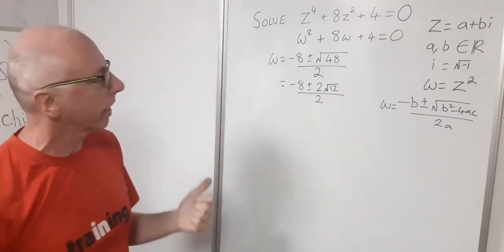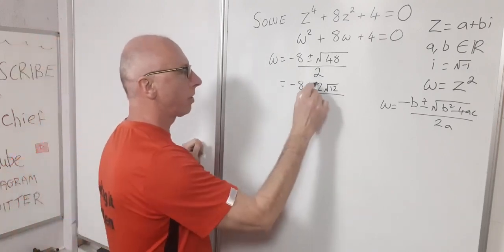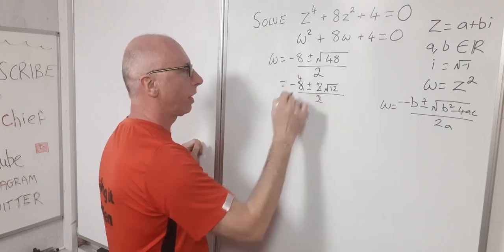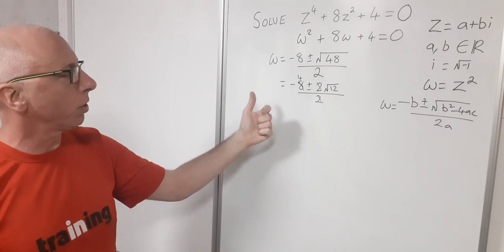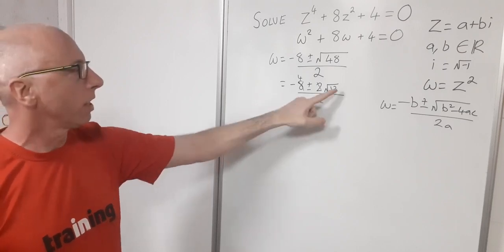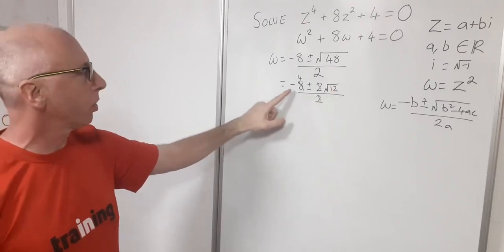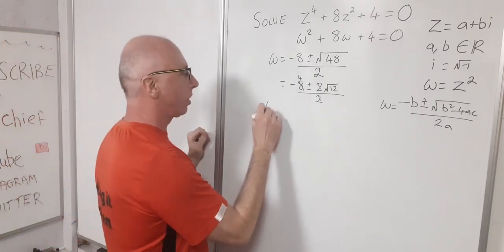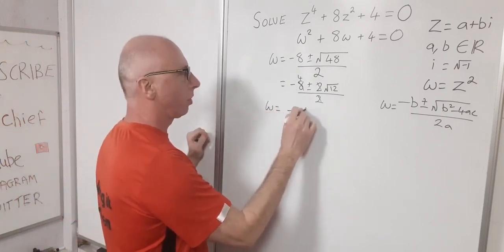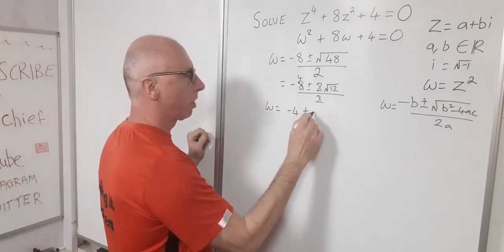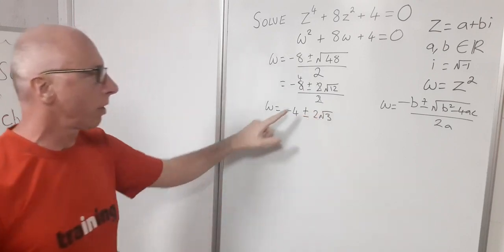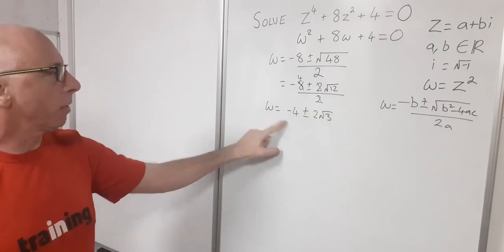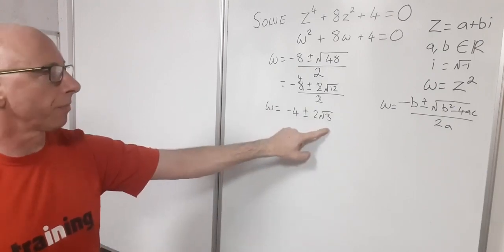Now I can cancel my 2's, and that becomes a 4. The square root of 12 is 2 root 3. So now w equals minus 4 plus or minus 2 root 3. That's my solution for w.